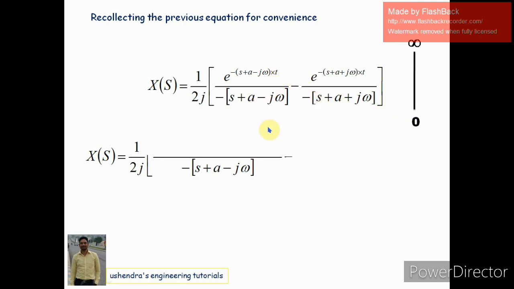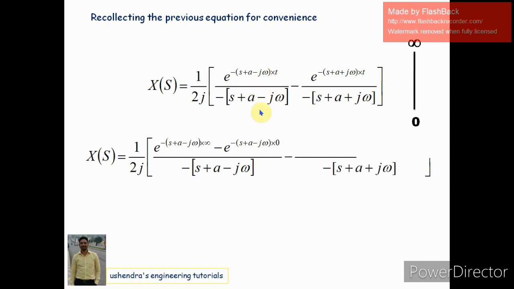When plugging in the upper limit, the resultant here is e raised to minus the whole term, multiplied with the upper limit infinity, minus the lower limit, the same term e raised to minus of s plus a minus j omega into the lower limit 0. This whole equation is for the first term over here, this one.